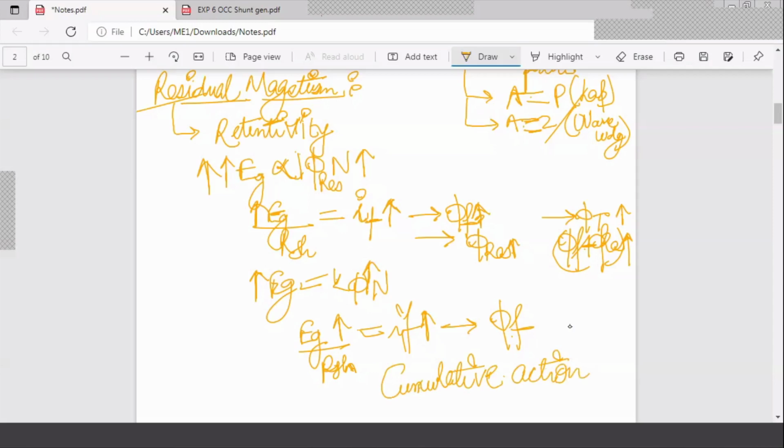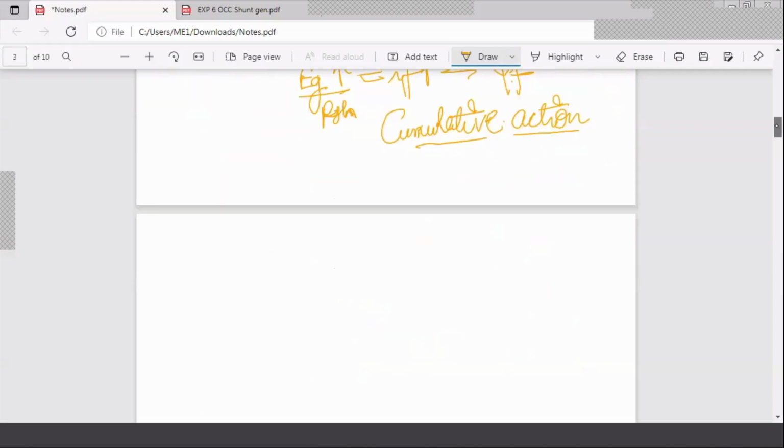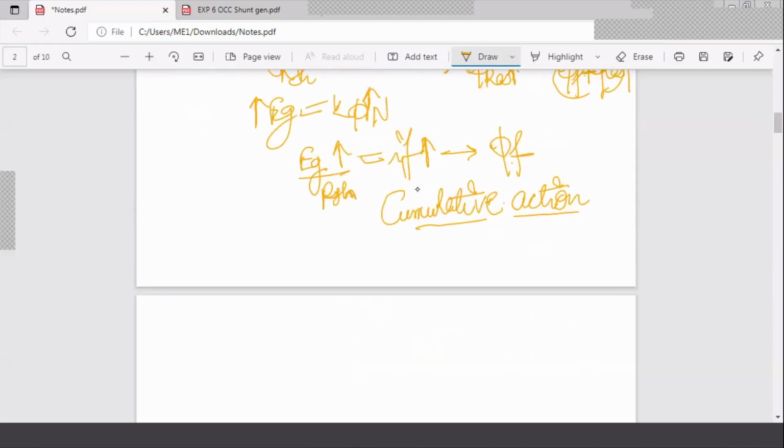So with a very small amount of residual flux, now your system starts having increased and increased amount of flux, and the machine starts generating a higher amount of induced EMF. Because of this cumulative action, at the end, what is happening? The back EMF or this generated EMF is increasing.